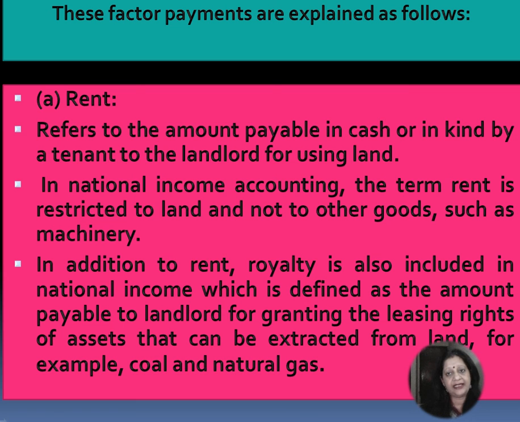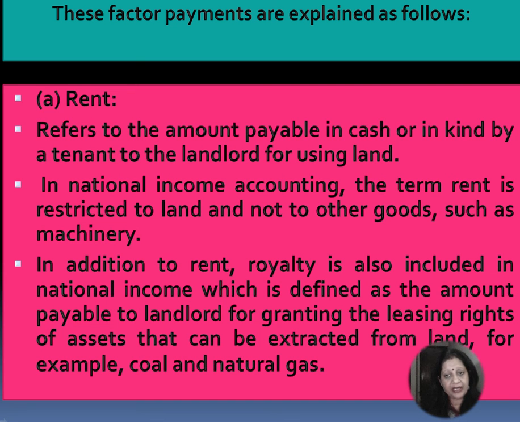These factor payments are explained as follows. Rent is a particular amount which we pay to a person after using his piece of land or a building. किसी भी building को जब हम अपने purpose के लिए use करते हैं, no matter whether we are using it for commercial purpose or residential purpose, we are paying a fixed amount of money to that particular person, and that is known as rent, and that is always paid in the form of cash.